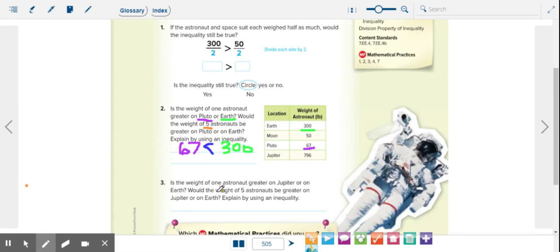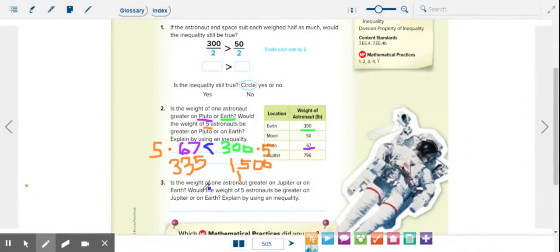So we are going to take the number 5 and we are going to multiply it by both sides. 67 times 5 equals 335. 300 times 5 equals 1,500.